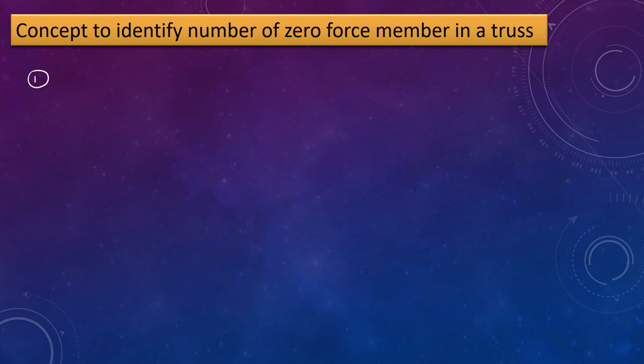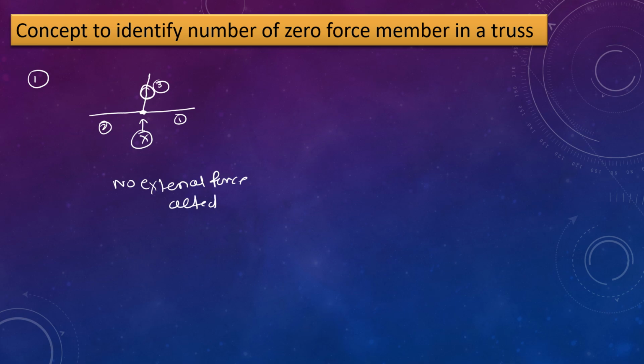The first concept is, if on a joint two forces act, this is the first force, this is the second force, and on the same joint a third force acts, and there is no external force acting on this joint, okay, this is important, no external force acted, then and only then this force or this member turns out to be 0.